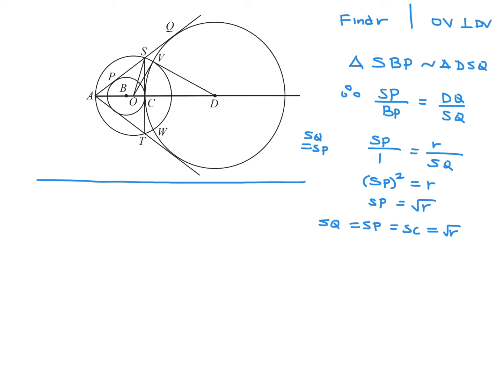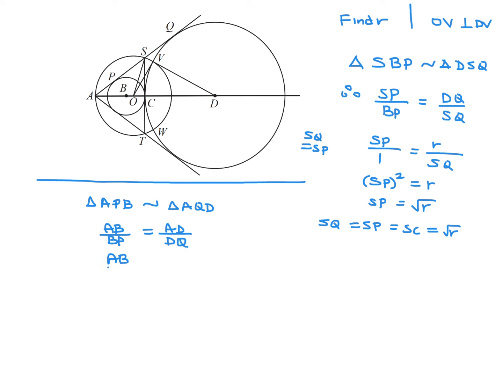Now let's look at another set of triangles, APB. That's similar to triangle AQD. So that means AB over BP is equal to AD over DQ.